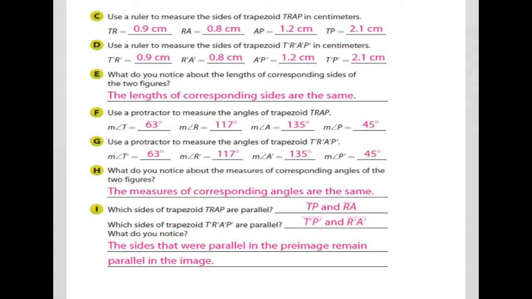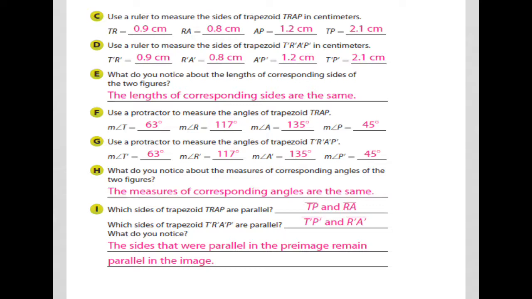Okay, the actual length measure. So what do you notice? Again, the length of the corresponding sides are exactly the same: TR and T prime R prime, RA and R prime A prime, AP and A prime P prime, and TP and T prime P prime.